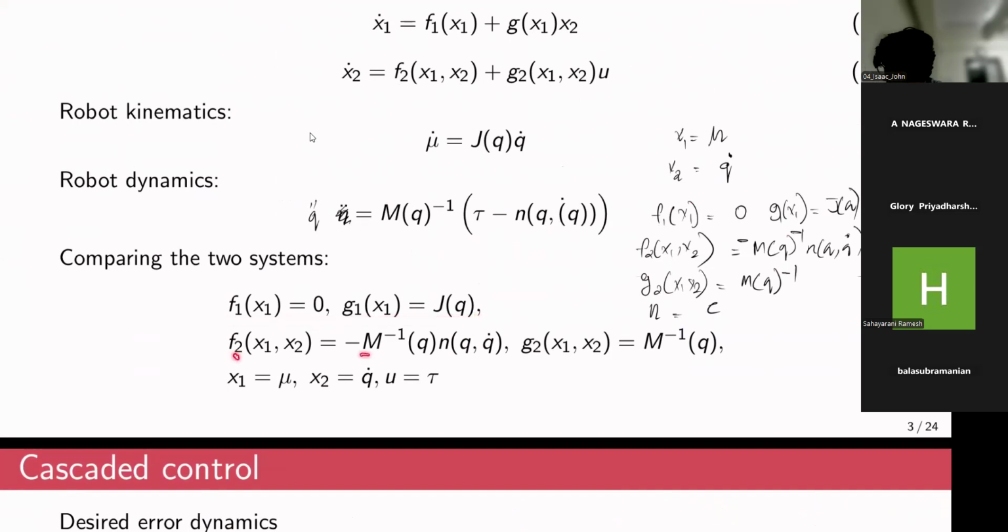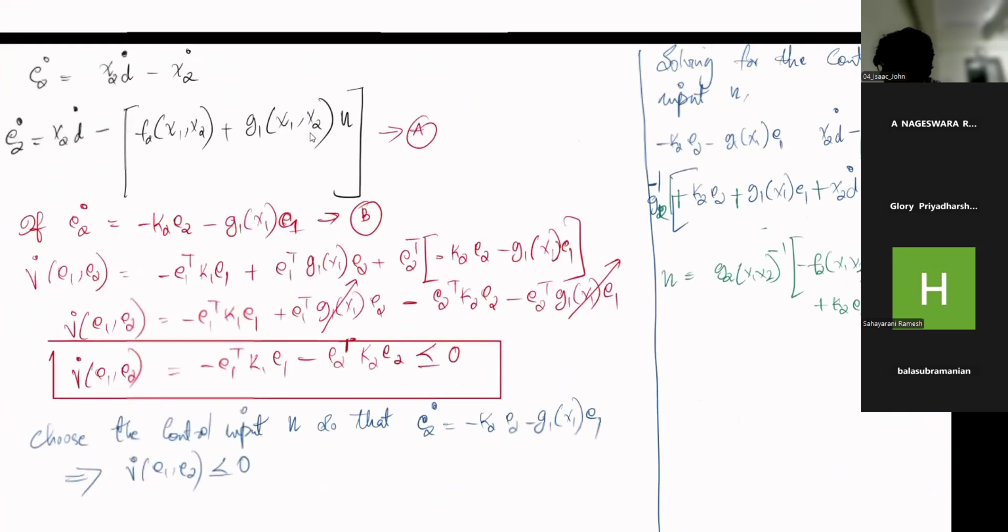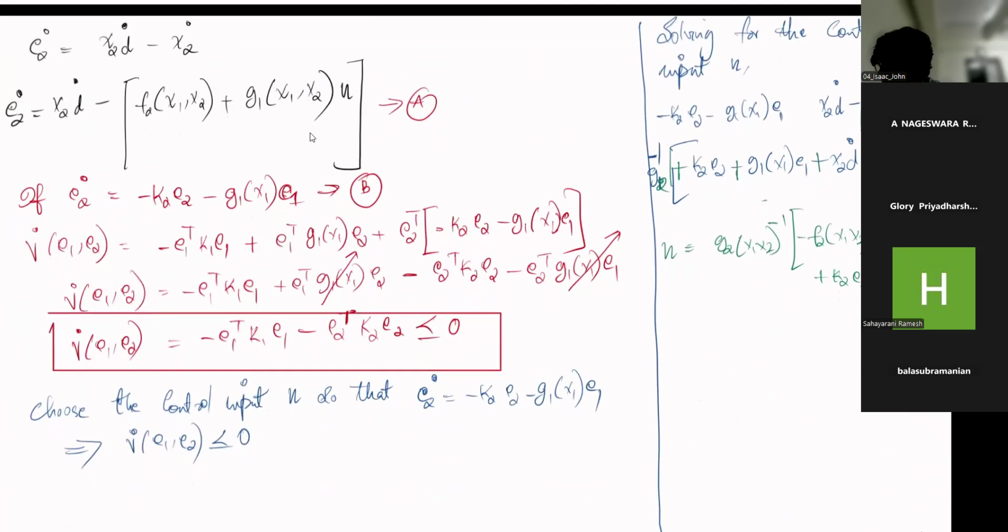F2 would be minus M inverse N, G2 would be M inverse Q, and X1 is mu, X2 is Q dot, and U would be your control input. So you can substitute all those variables into this equation so that you will be able to obtain the final expression for the control torque.